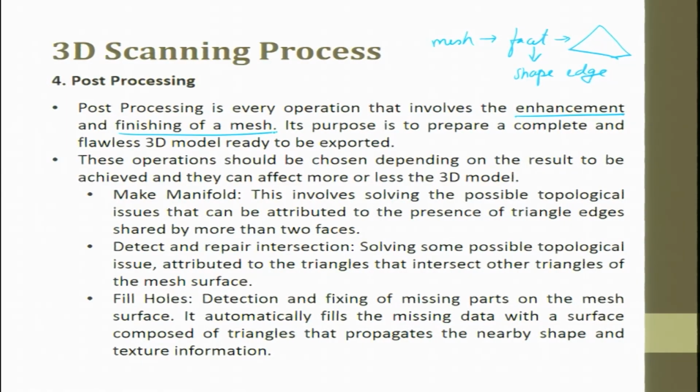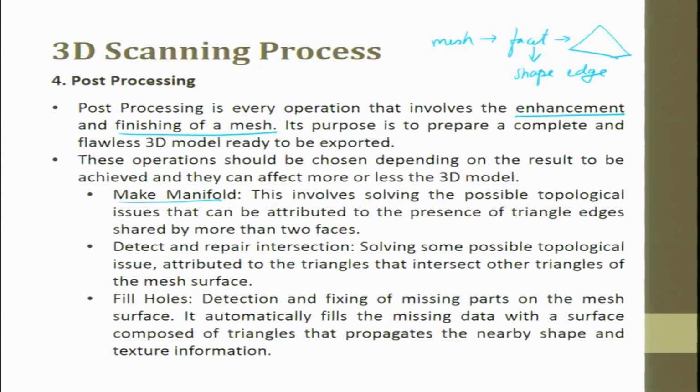It is possible to prepare a complete and flawless 3D model ready for export. These operations should be chosen depending on the results to be acquired, and they can affect a 3D model more or less. Make manifolds. This involves solving the possible topological issues that can be attributed to the presence of a triangle edge shared by more than two facets, called non-manifold edges.